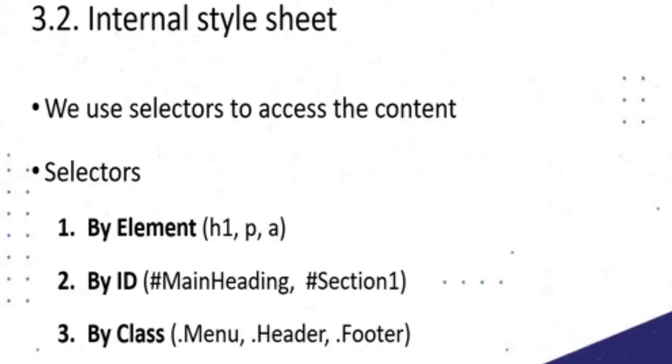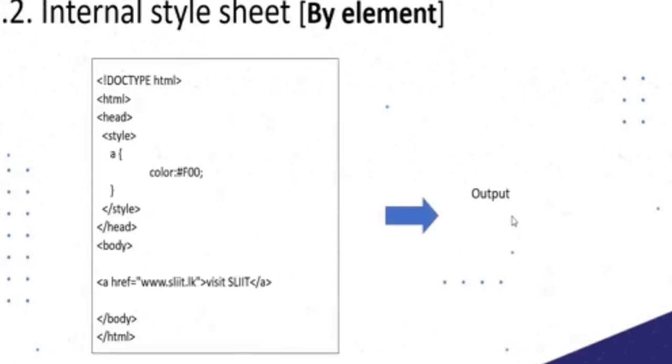So in that case, how can I manage it? That is the place where ID and class come in, right? So we can have styles with ID and we can have styles with class. If it's an ID style, we mention it with a hash, and if it's a class, it's with a dot. Let's see.